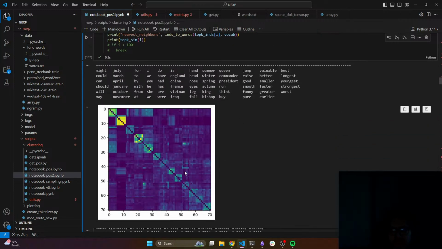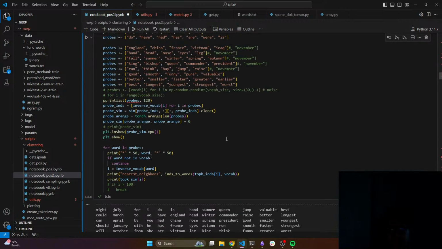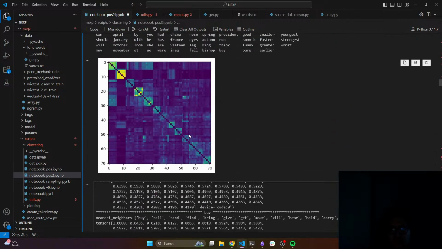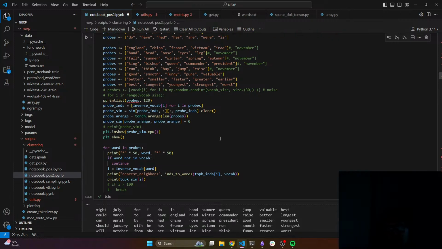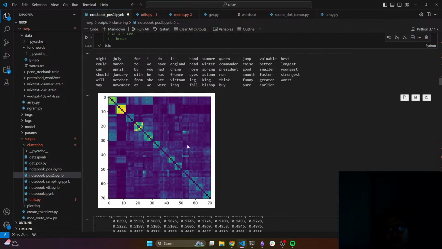The verb stands out, except for the first word in the third category, which is fall. So again, it's saying that this is a verb, and the first two of the last category are also verbs. So it makes a lot of sense.